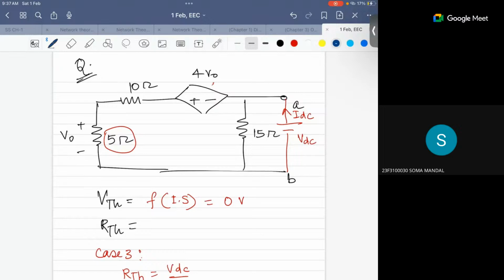So this is IDC, correct? Take a current I passing through this 15 ohm resistance.